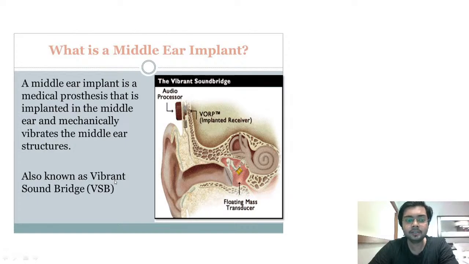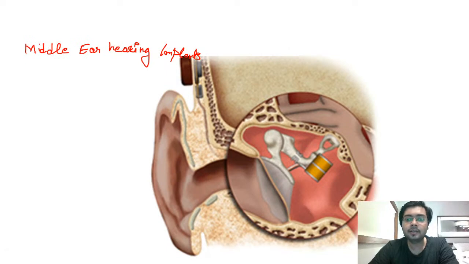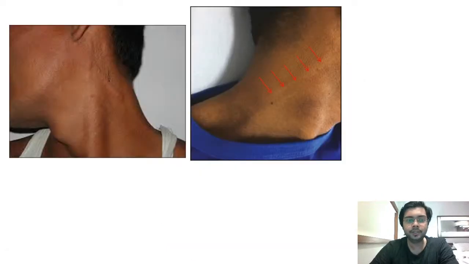The device is known as Vibrant Sound Bridge. The external device is the VORP, which is a receiver, and the internal device is the Floating Mass Transducer, right? So you got this, and it is very important for your future MCQ.